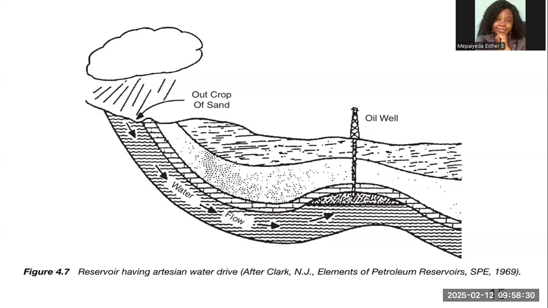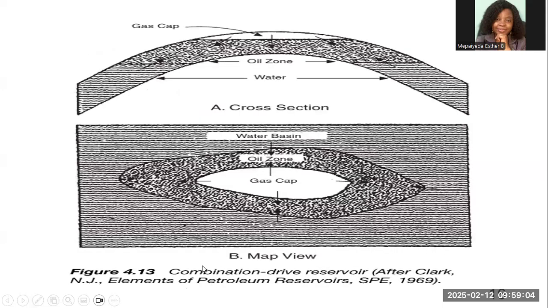For an artificial water drive, the water flow usually comes from the surface. Here there is an outcrop of sand, and from it you can see water here. Let's say there's a rain, and water flows directly, forming a water body underlying your reservoir and driving your oil well. So sometimes there is connection to the surface where you have water flow. That is regarded as artesian water drive.